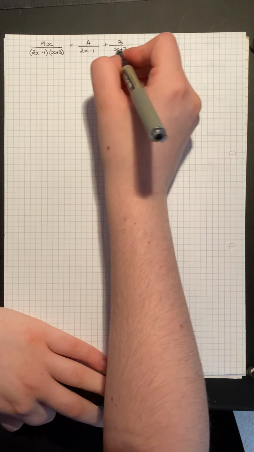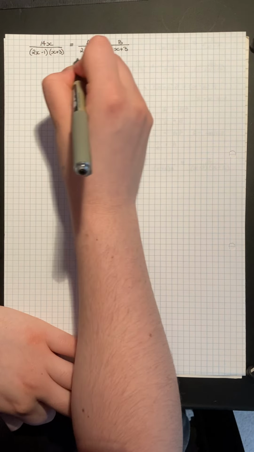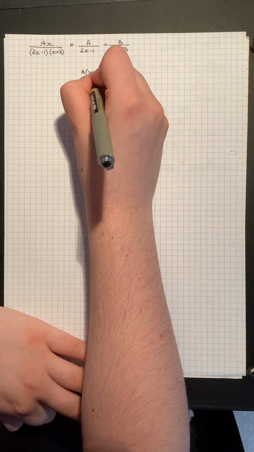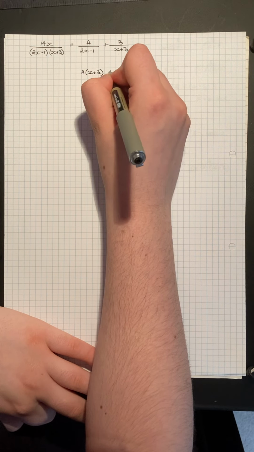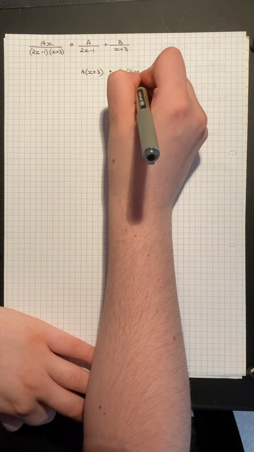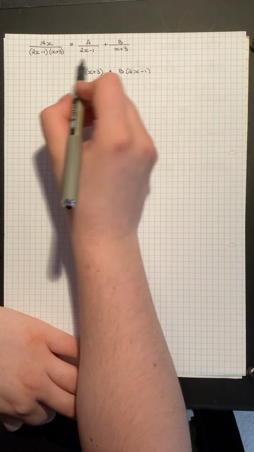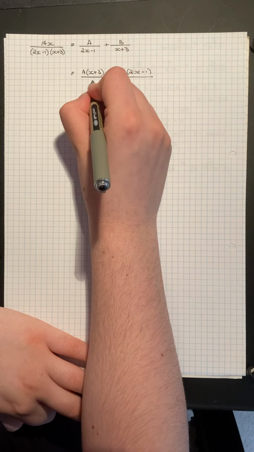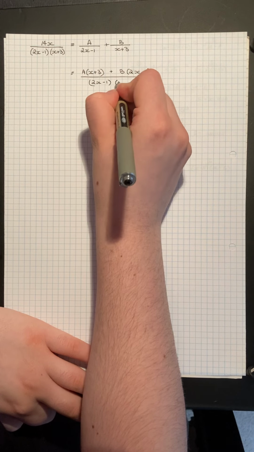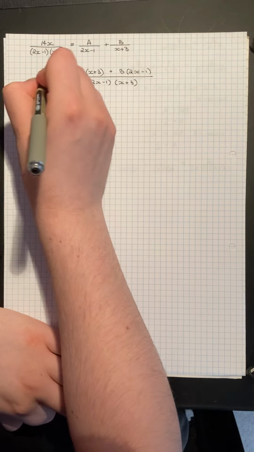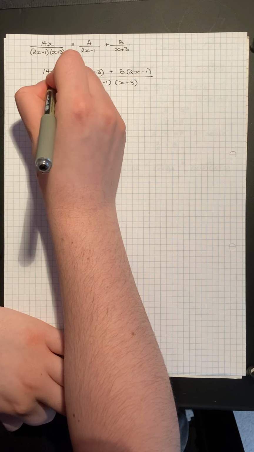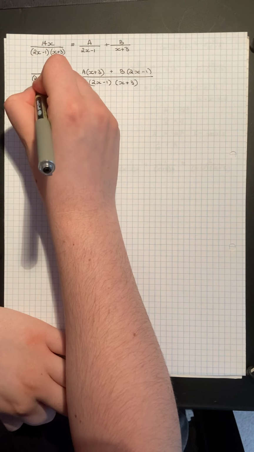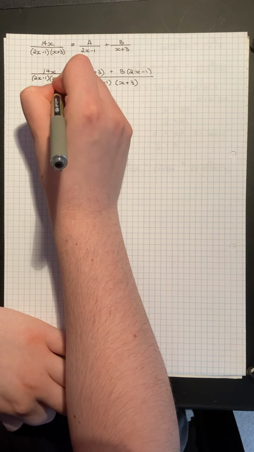So that gives us on the numerator a(x plus 3) plus b(2x minus 1), and that gives us the same thing as this, 14x over (2x minus 1)(x plus 3).